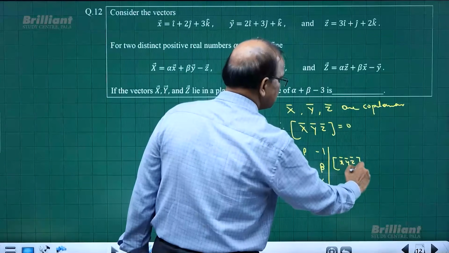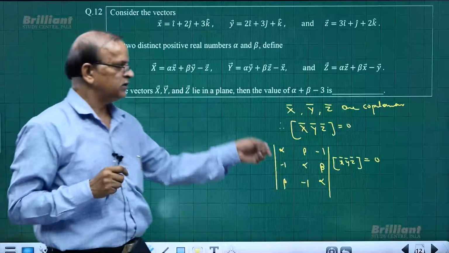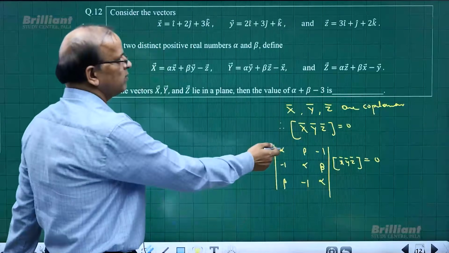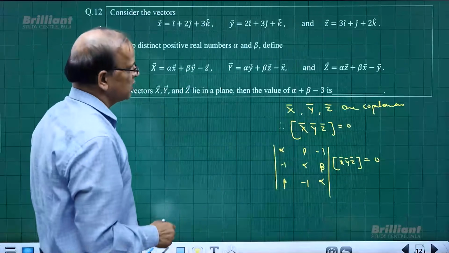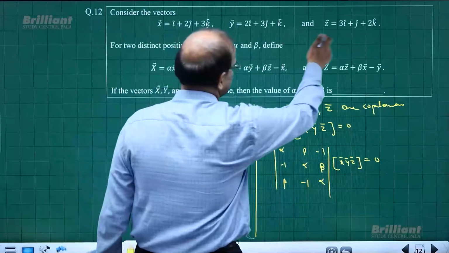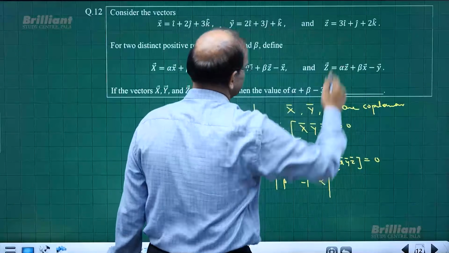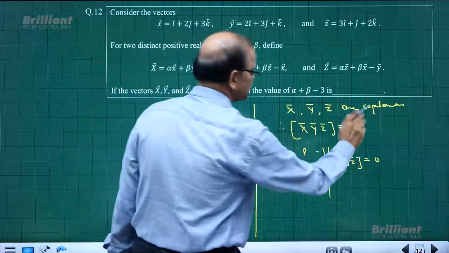This is a property. The box of X bar, Y bar, Z bar is this one, 1, 2, 3, 2, 3, 1. They are non-coplanar. So therefore you can transfer that side.